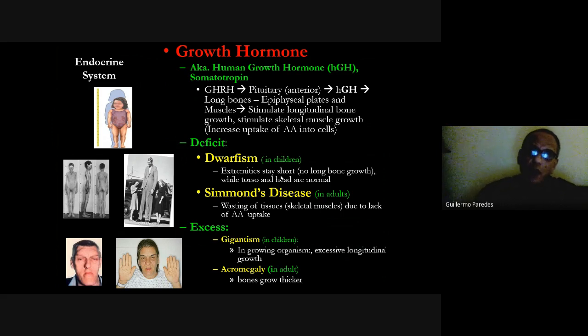But once you have already grown and you start to have an excess of growth hormone, what is going to be enlarged is not the long bones but the small bones, like the carpal and tarsal bones of the hands and feet. And the jaw: a very prominent jaw is caused by this acromegaly, or excess of growth hormone.